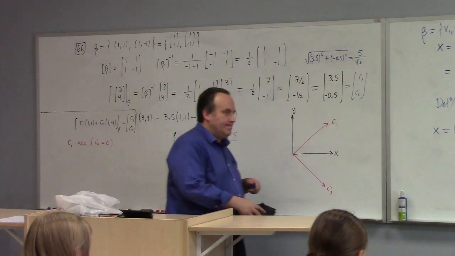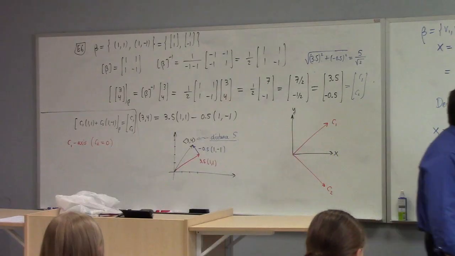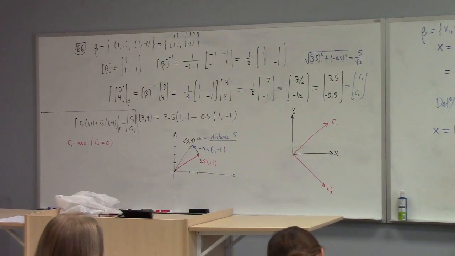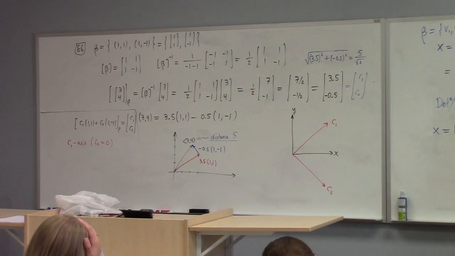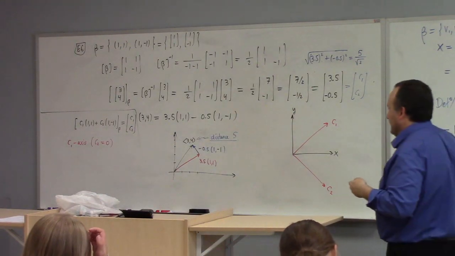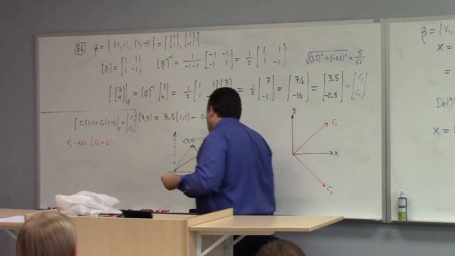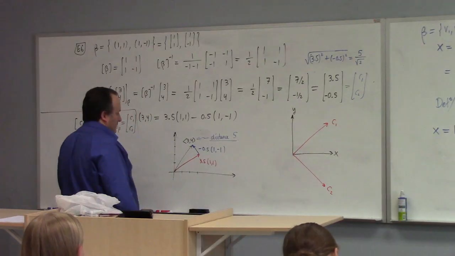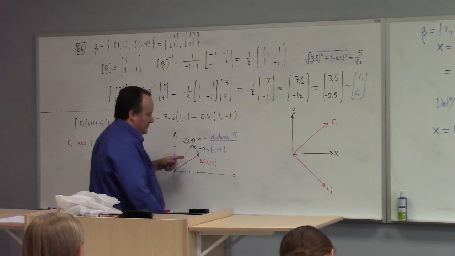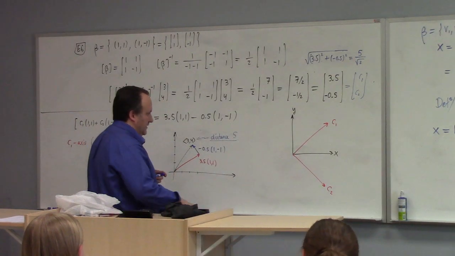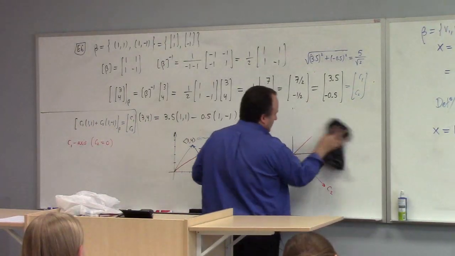Yep. So in the first graph that you drew, are those black lines E1 and E2? Oh, like the standard basis vectors? Isn't that what your definition was saying?